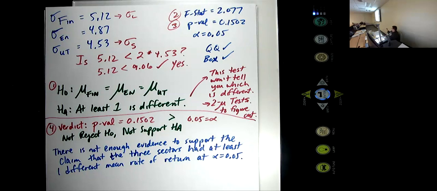No, so if it's too low, we reject H naught and we support HA. If it's not too low, we're not rejecting H naught. That doesn't mean we support H naught. We never talk about supporting H naught, because we haven't collected anything on it.